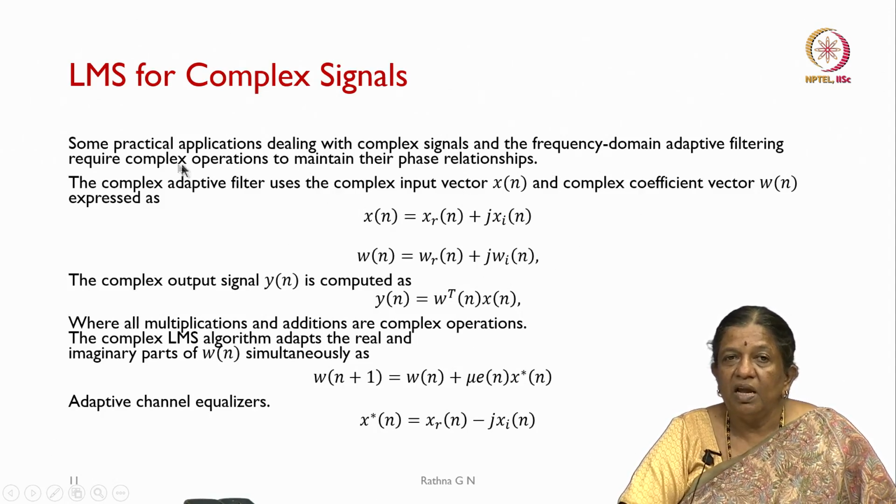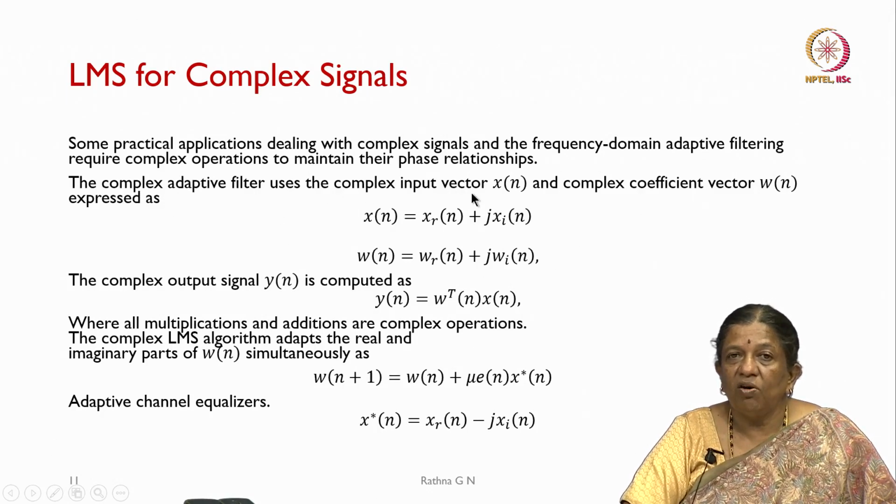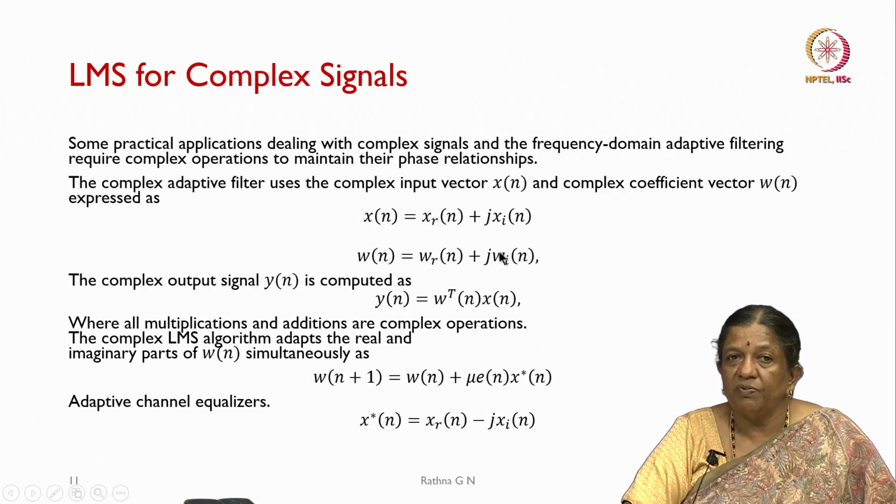The complex adaptive filter uses a complex vector x of n and complex coefficients w of n. Then x of n is the real part of x of n plus j times the imaginary part of x of n, and w of n is also represented in real and imaginary parts in this way.